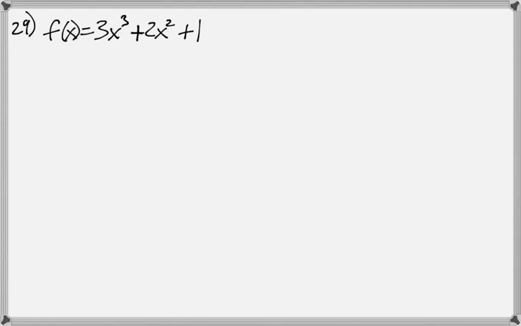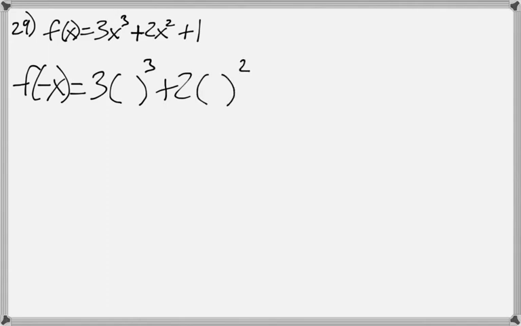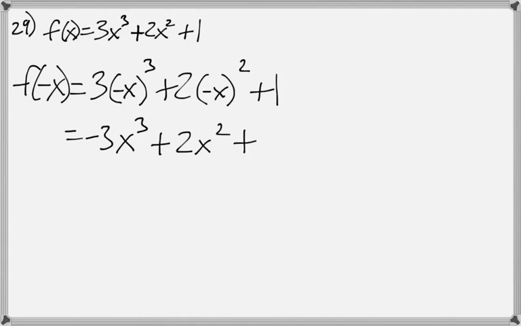Lastly, let's look at 29. Again, to test, you want to plug in negative x. So wherever I see x, I want to plug in negative x. And if I simplify this, this is going to be negative 3x cubed plus 2x squared plus 1.